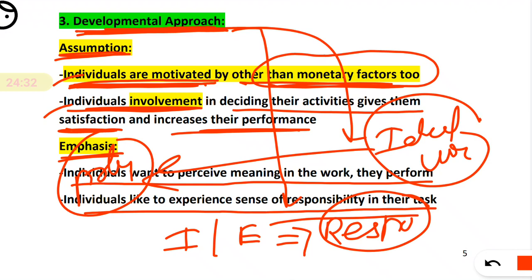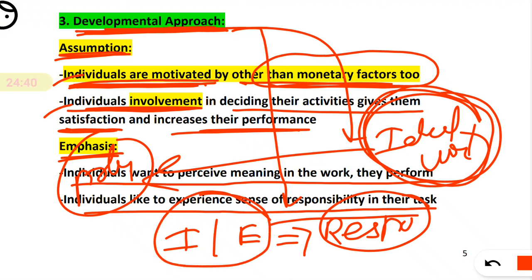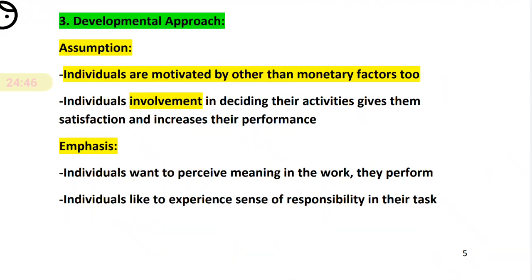The ideas, the opinions of different workers are to be considered. That's why the employee or worker will feel responsible in the organization. So this is basically the developmental approach.